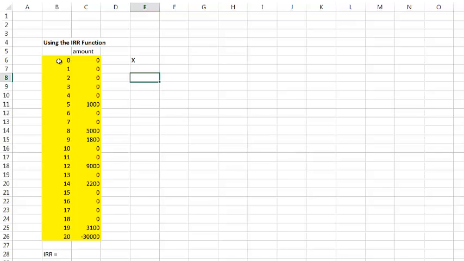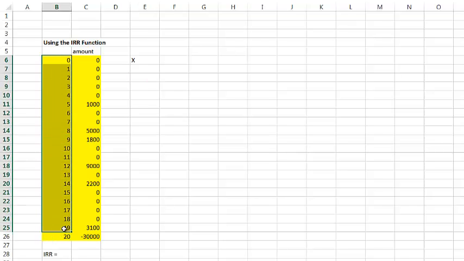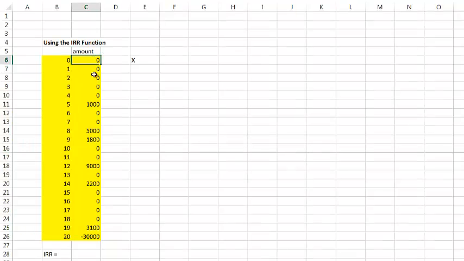So if you have annual payments, you have to create from time 1 to 19 a list of those payments with the payments equally spaced, and you have to put in zeros for the years when there are no payments.